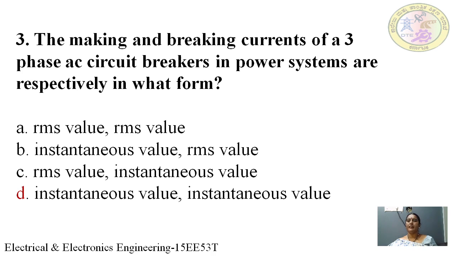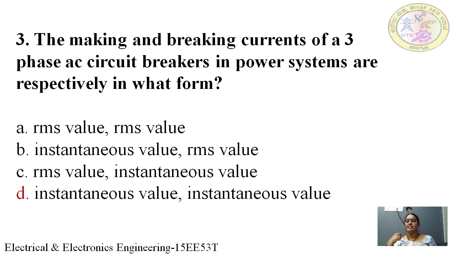Next, we will see the making and the breaking current of a three-phase AC circuit breaker in the power system. In what manner are they respectively measured? Making and breaking currents are used to measure the rating of a circuit breaker.